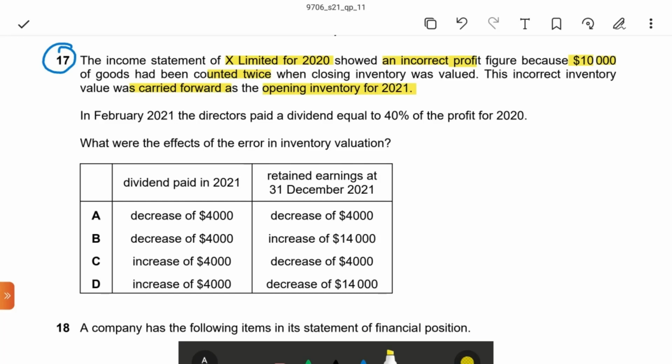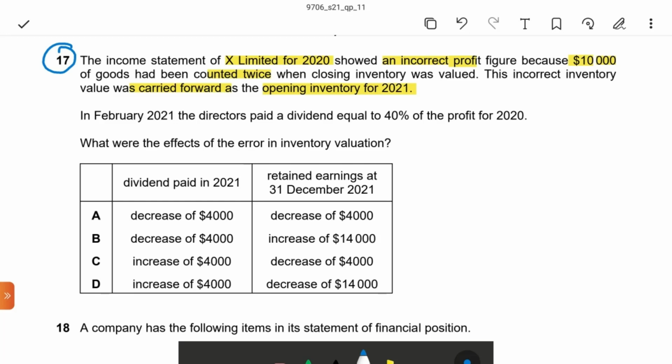So what actually happened here? Closing inventory in 2020 increased by 10,000. The same amount was carried forward to 2021 as opening inventory of 10,000. So closing inventory in 2020 and opening inventory in 2021 are both overstated.